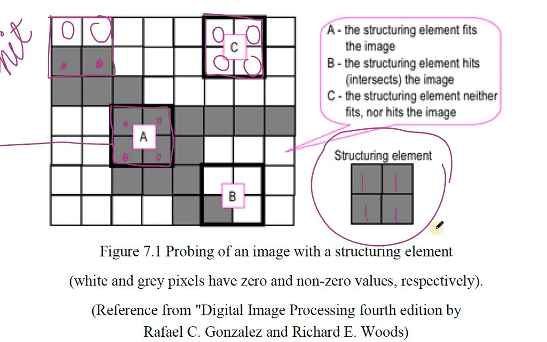So sometimes 2x2 or 3x3, that is what your structuring element is. So this is your structuring element, and as you can see, all the 4 pixels of the structuring element, let us say that they have the value of 1. Okay. So gray color value is non-zero.